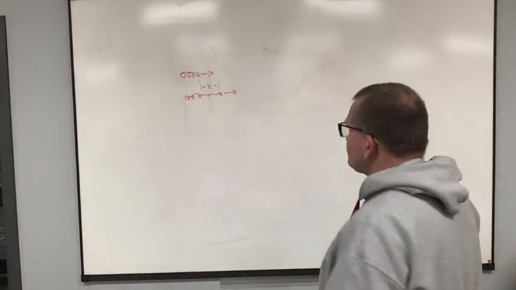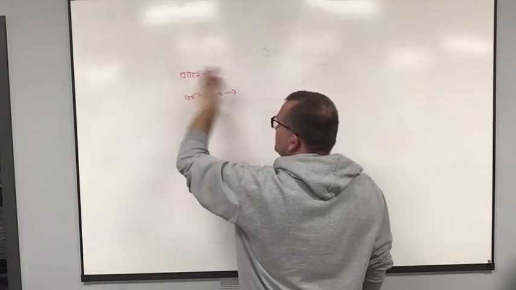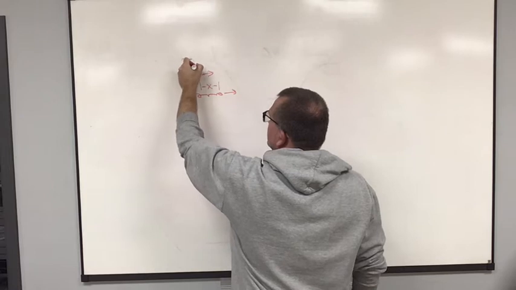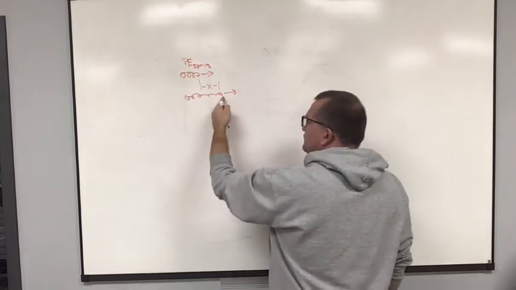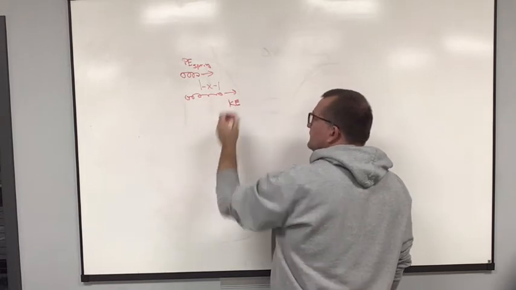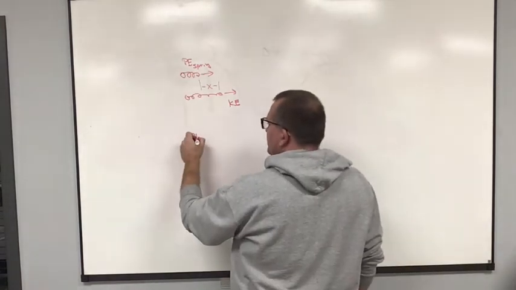So here's before, here's after. Before, when the spring's compressed, all we got is potential energy due to the spring. At the end, the spring has no more potential energy because it's all been turned into kinetic energy.